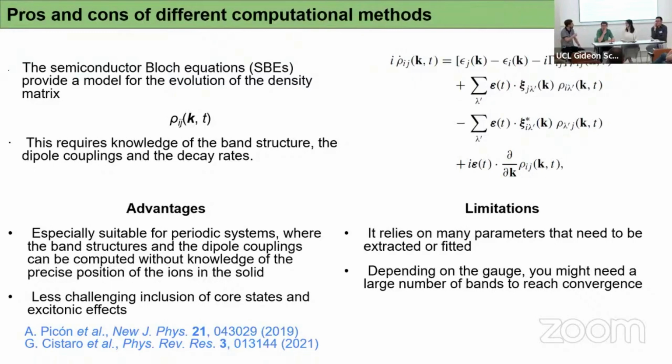You might not be able to have fitted them all. So of course there are pros and cons of the two methods, and depending on the system you look at, you might prefer one to the other. I personally use a combination of both. It depends. We will see at the end what you prefer, right? As you said in the talk.